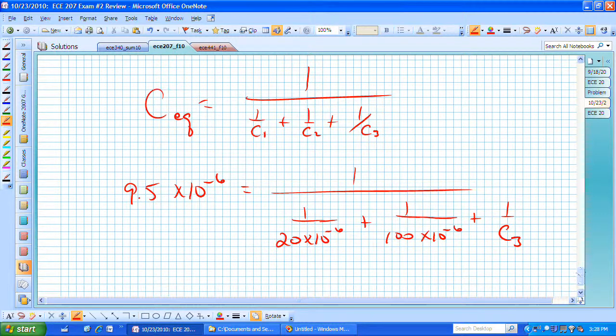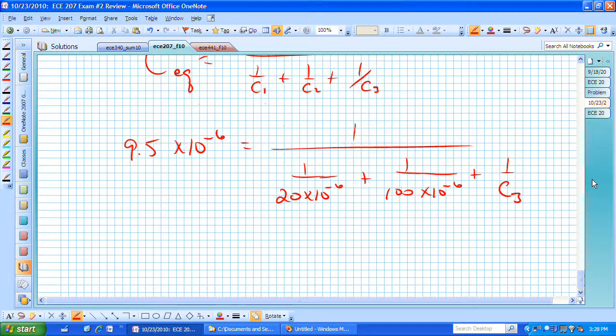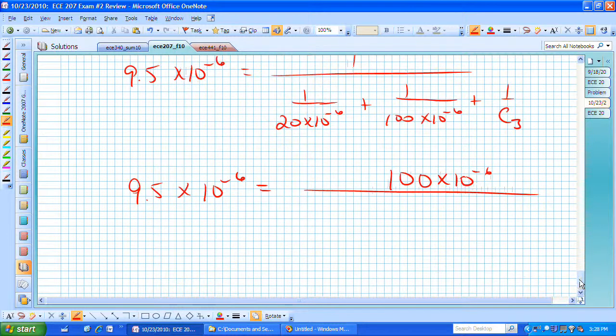And if we multiply by 1 over here, we can say that we now have 9.5 times 10 to the 6. Let's say this is now 100 times 10 to the minus 6 that we'll multiply by numerator and denominator in order to clean up some of this. That's now 5. This is 1. This is now plus 100 times 10 to the minus 6 over C sub 3.